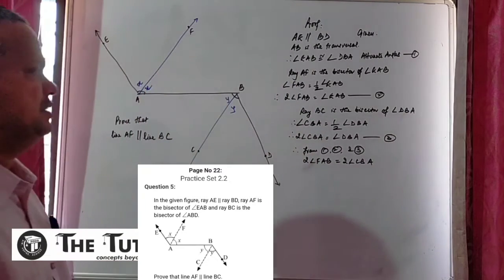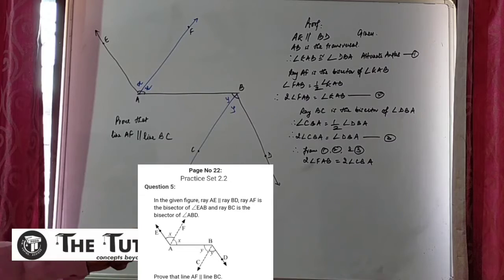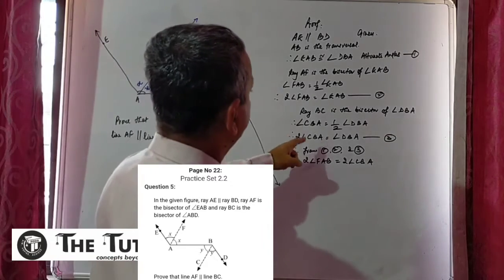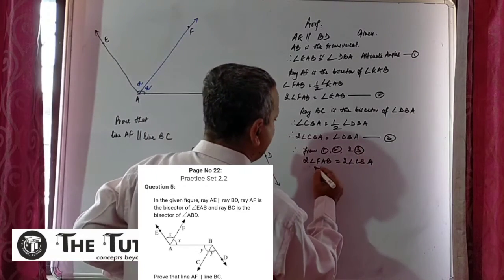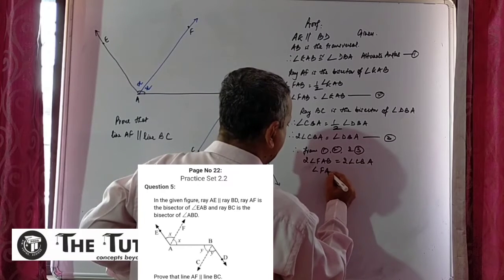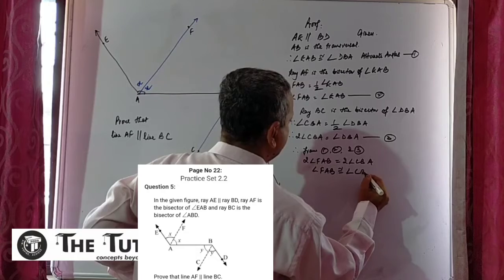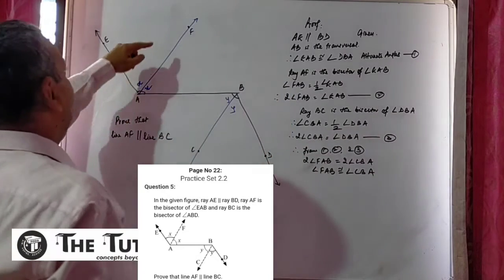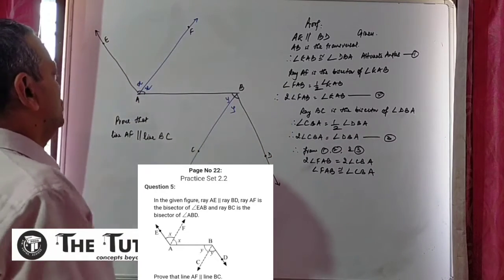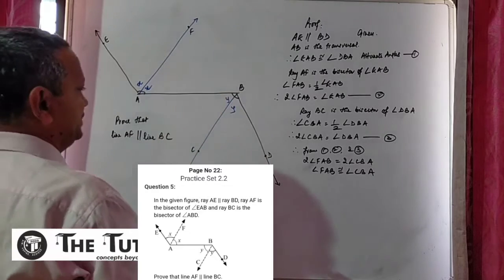The 2 gets cancelled from both sides. Angle FAB is congruent to angle CBA.